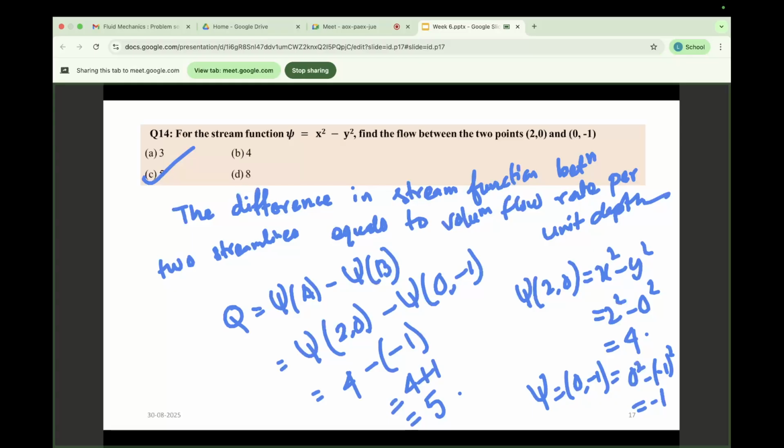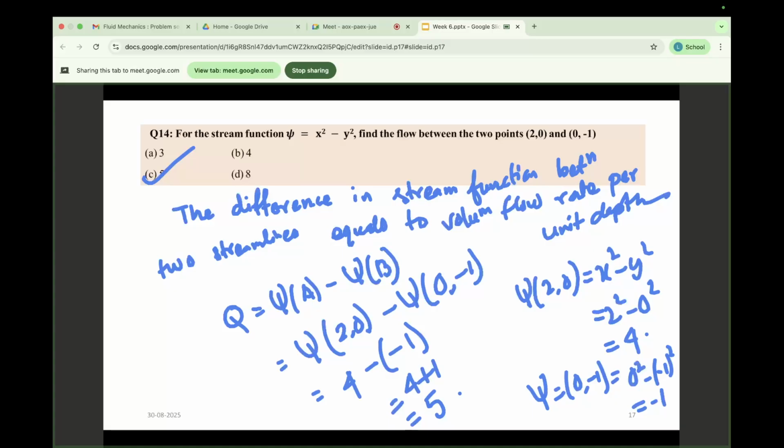Please go through this lecture provided by Professor Subhashish Dutta. That will definitely help you improve your understanding of this subject, and he has taught it in quite an easy fashion. After going through this lecture, if you come to solve this numerical question, it will be quite easy for you.